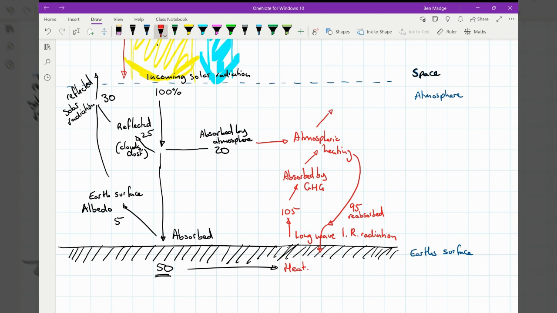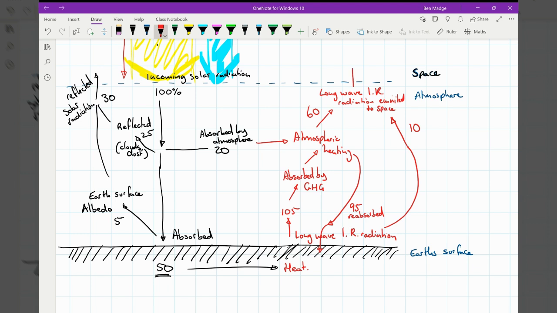We then find that 60 of it is long wave infrared radiation emitted to space. And this emission of infrared radiation, we actually have it being emitted to space as well, and that makes up 10 there.